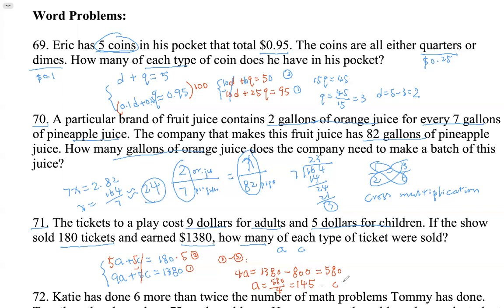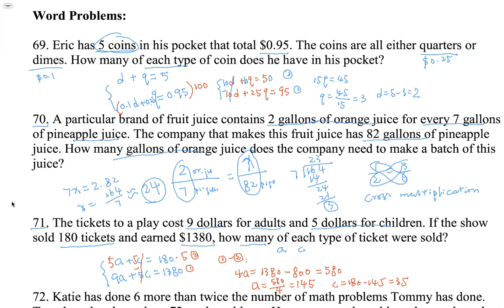Then for children, we have 180 in total minus 145, which is 35 children. So to answer the question, we see how many, so 145 tickets sold for adults and the 35 tickets sold for children.